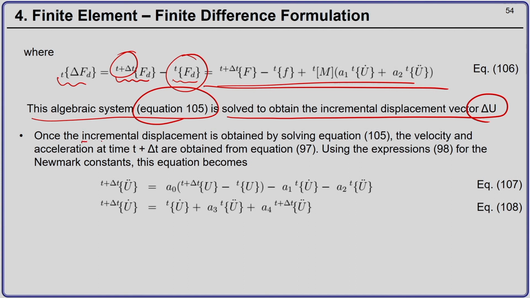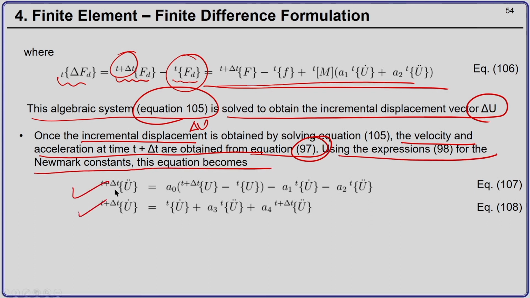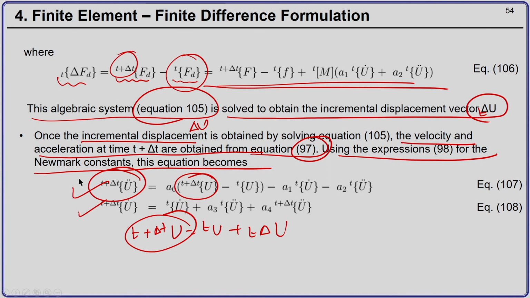Once you solve for the incremental displacement delta u, the velocity and acceleration at time t plus delta t can be obtained by equation number 97, and using the expressions 98 for the numeric constants, you can compute. So, you can get u at t plus delta t as u at t plus delta u at t. So, using equation number 107, once you have u at t plus delta t, you can find out the velocity and acceleration at t plus delta t.